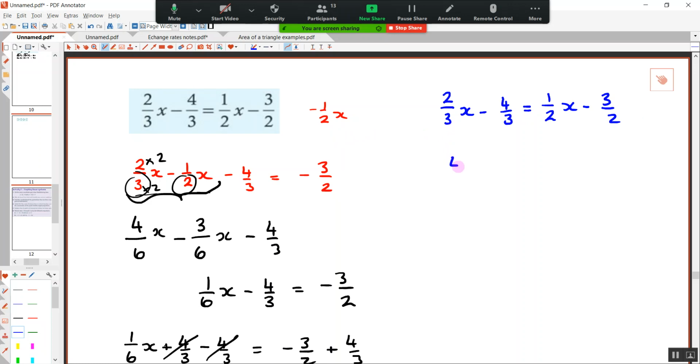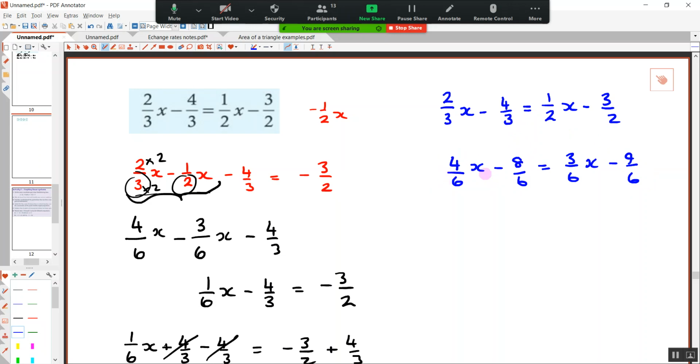So I made this 4/6 of an x, and this was 8/6, and this was 3/6 of an x, and this was 9/6. So I did the common denominator bit straight away from the beginning. Is that all right with everyone? Basically what you did before.